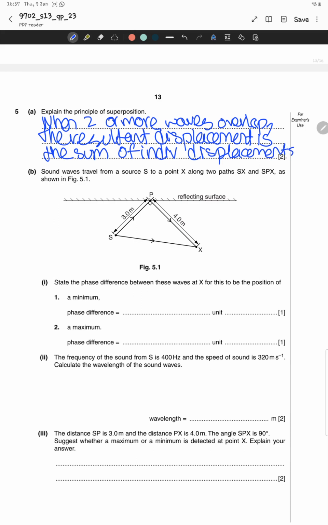Okay. Sound waves travel from source S to a point X along two paths. State the phase difference between these waves at X for this to be the position of a minimum. Minimum means destructive interference.